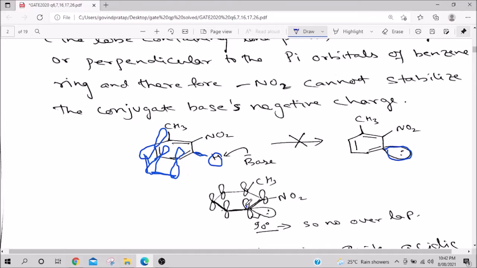See here, the p orbital is perpendicular, whereas this is on the plane. Here I have drawn another way: this part of the benzene ring is coming outside the screen, this part is going inside the screen, and only these two carbons are on the plane, so that these p orbitals are at 90 degrees.